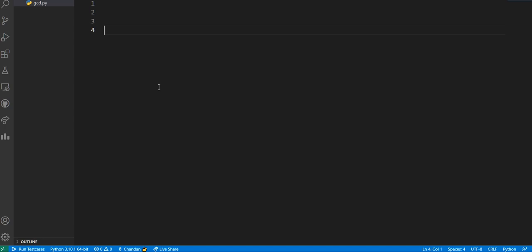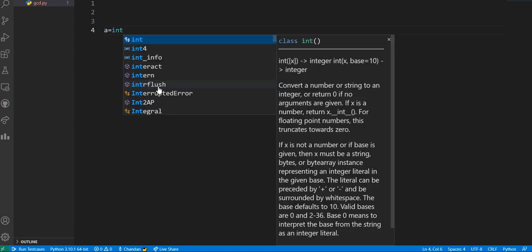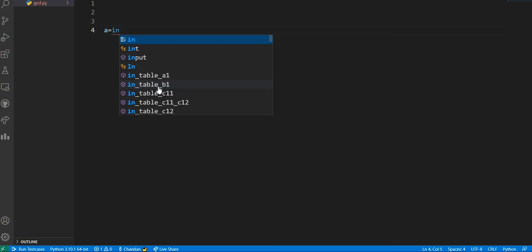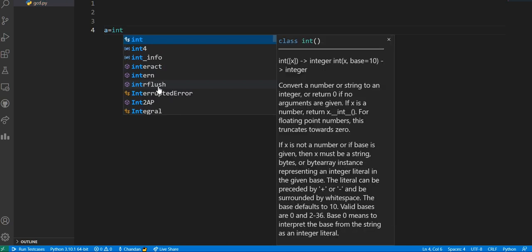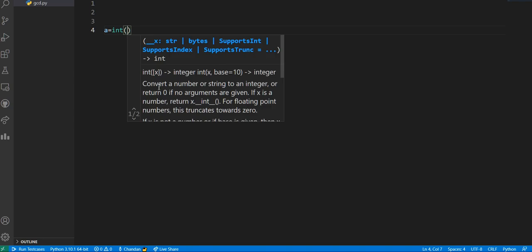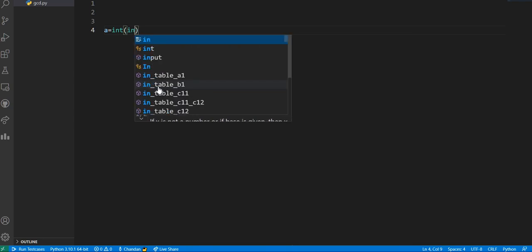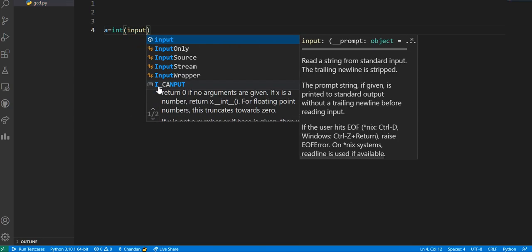First of all, I will write a equals int of input.